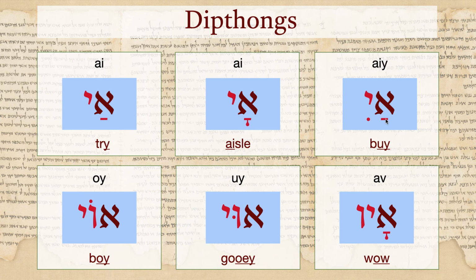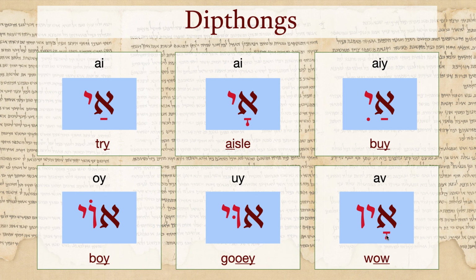Now you can say patach yod and put another chirik underneath. The sound will be I, like in by. And if you do a cholam vav and put a yud, oi, like boy. And if you put shuruk and add a yud, then ui. So gui is the sound.